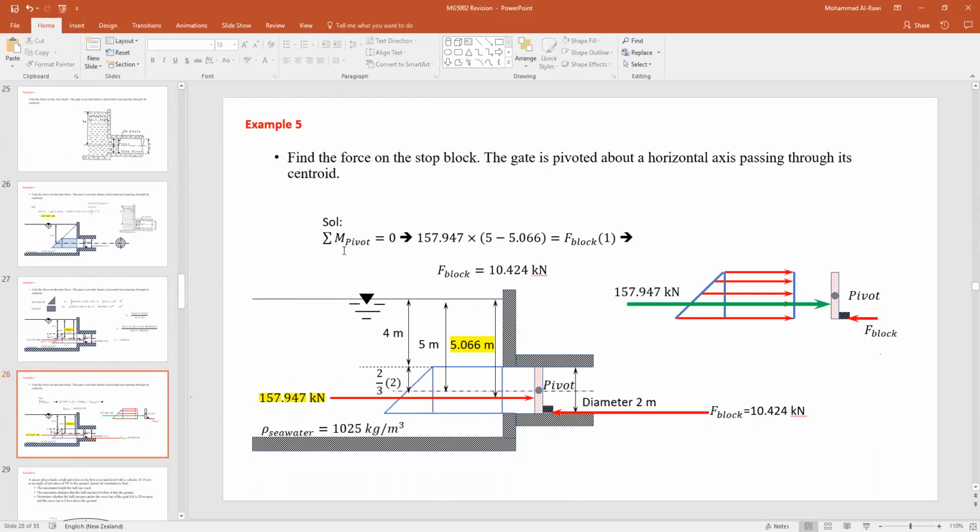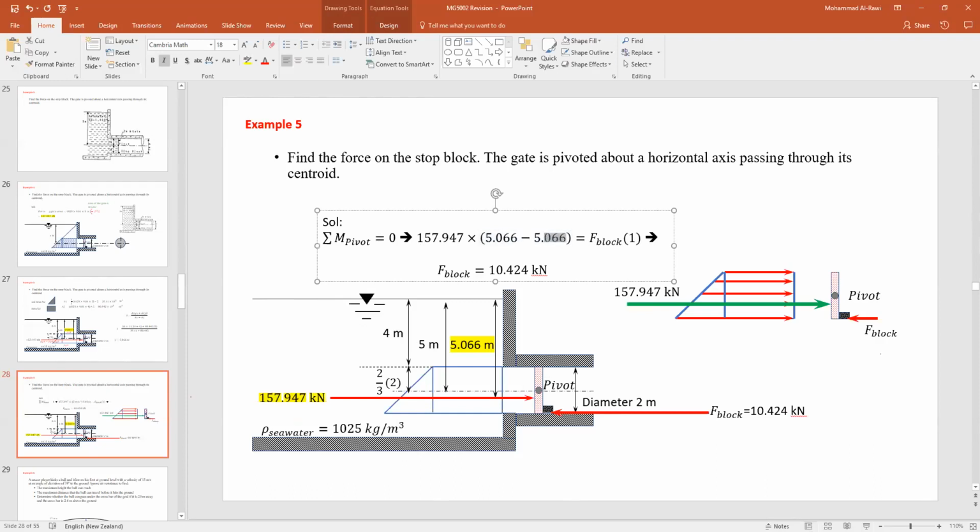So if we apply non-concurrent forces, you take a moment about the pivot. You can take it, let's say, clockwise, or counterclockwise, depending on what you assume. 157.947 times that small tiny distance, which is 0.066.